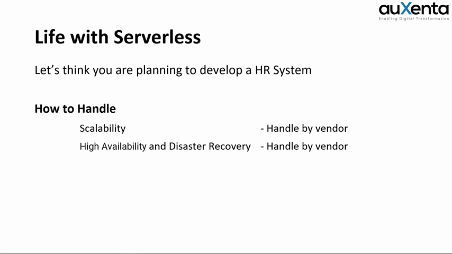And for high availability, they are promising us up to 99.999 for most of the services. And disaster recovery can be handled through availability zones and regions. We can configure it to handle disaster recovery also. Therefore, this will be handled by AWS itself. We don't have to worry about it.